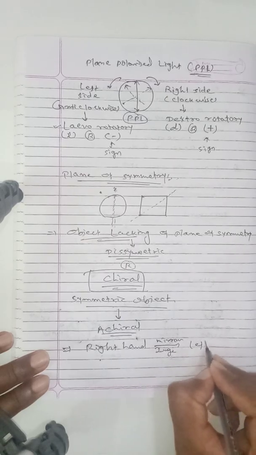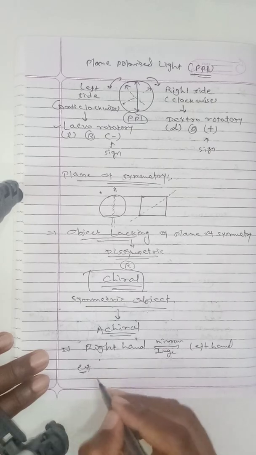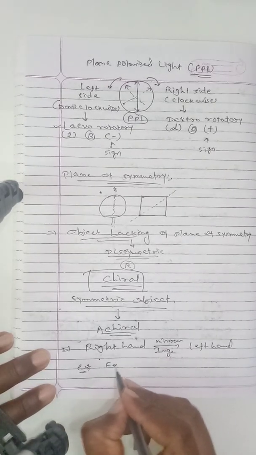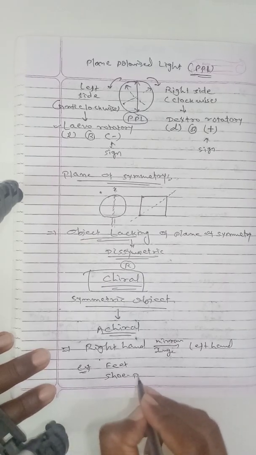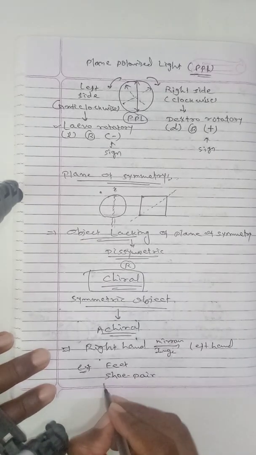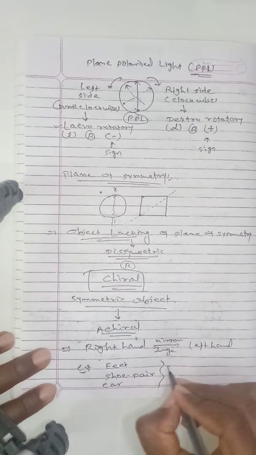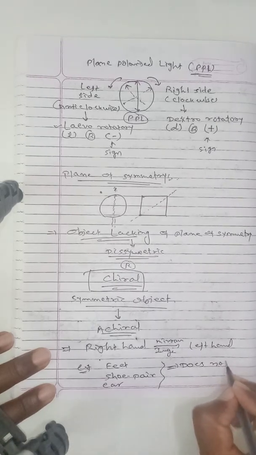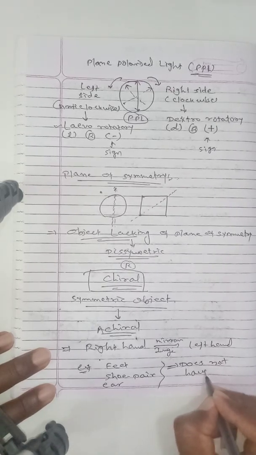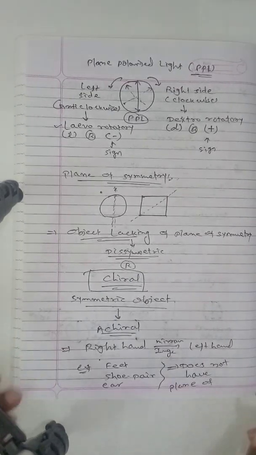Another example: feet, a shoe pair, the ear. These all do not have a plane of symmetry.